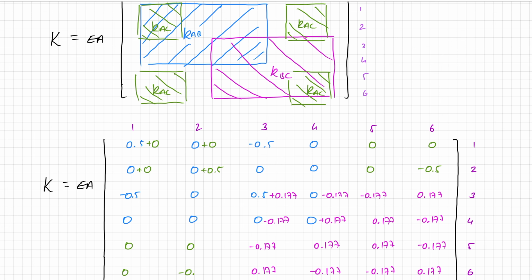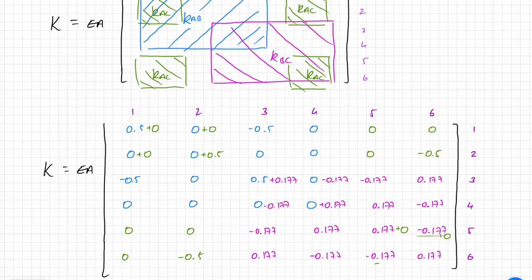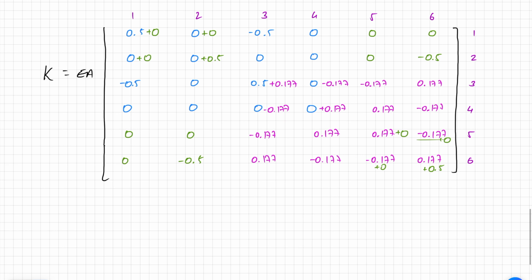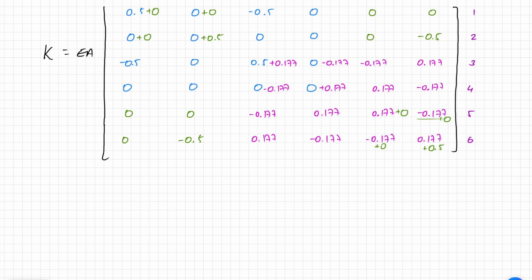Five, and then the last 4 locations at everything to do with columns and rows 5 and 6. Okay, only one thing here, so it's plus 0.5. And now I can quickly add everything together and get the final stiffness matrix.